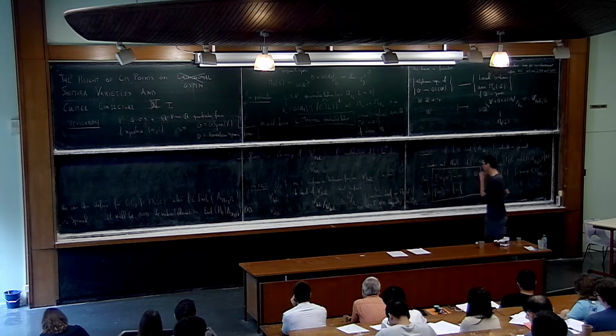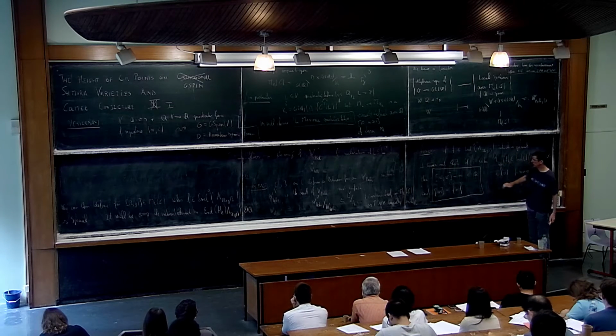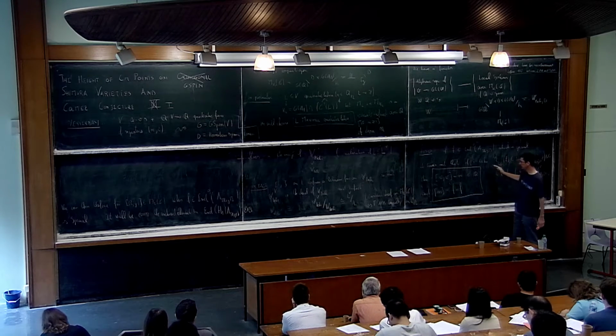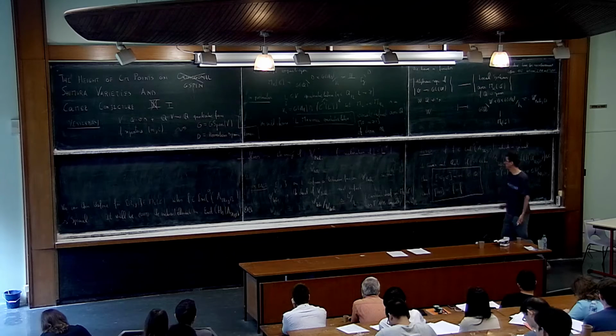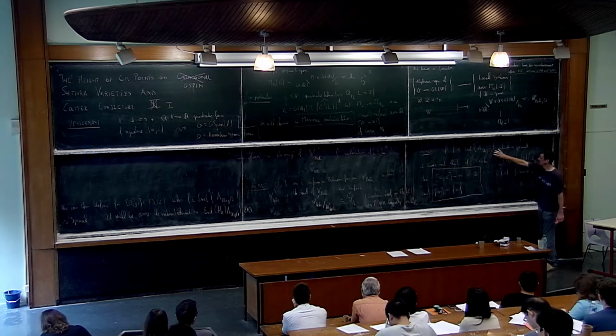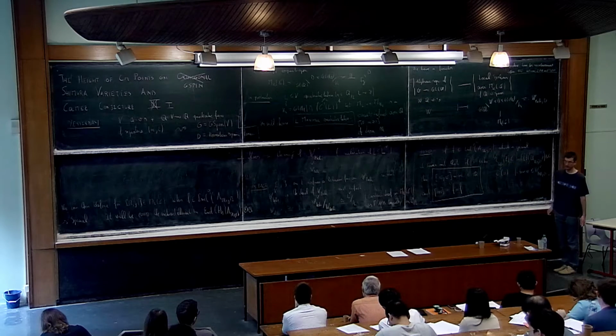And then you have a second invariant, which is a positive integer, defined intrinsically in terms of the endomorphism algebra of my abelian variety.